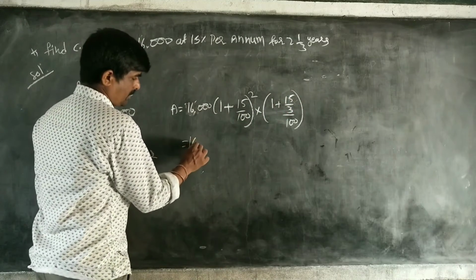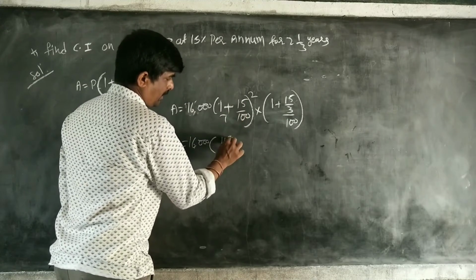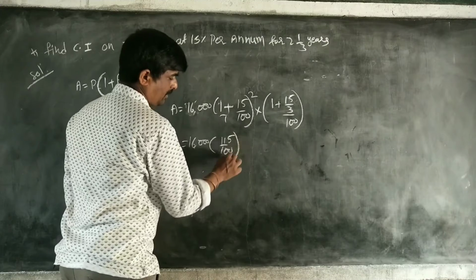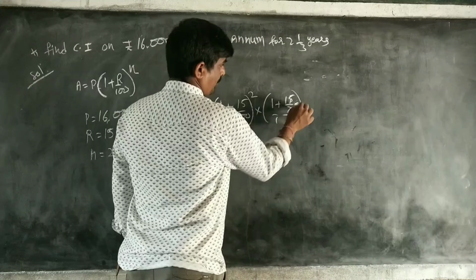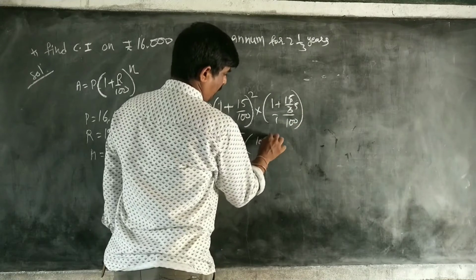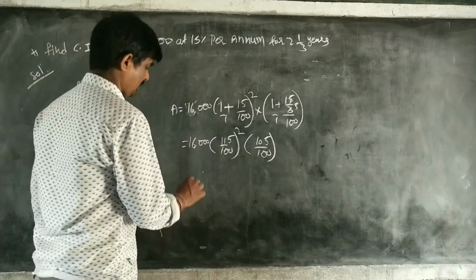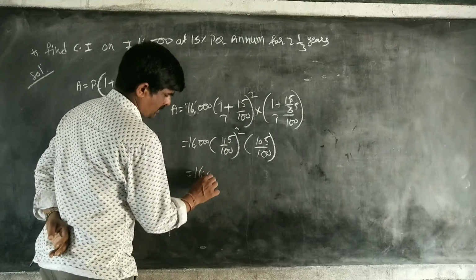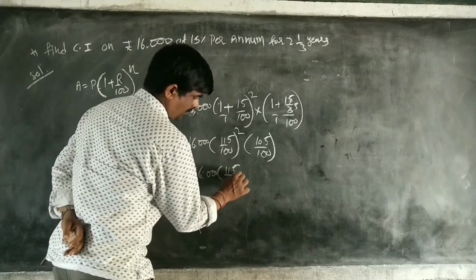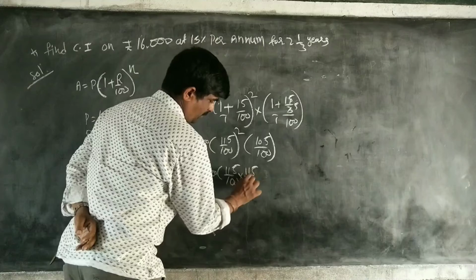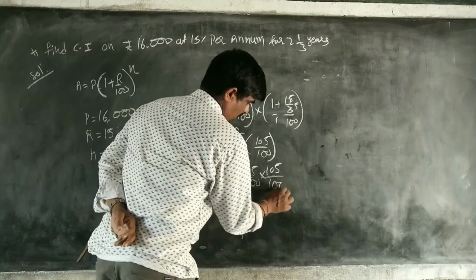That is equal to 16,000 into 115/100 whole power 2 into 105/100. That is equal to 16,000 into 115/100 into 115/100 into 105/100.